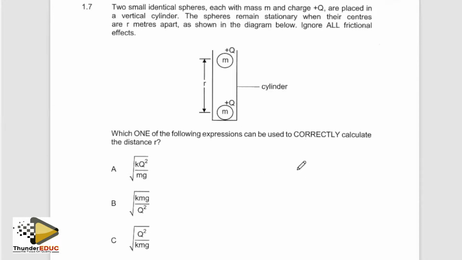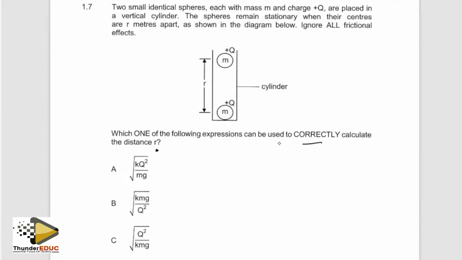Then 1.7. If we have two small identical spheres, each with a mass of m and charges plus Q, placed in a vertical cylinder, the spheres remain stationary when their centers are a distance r apart, as shown in the diagram below. Ignore the friction effects. Which of the following will be an expression for correctly calculating the distance r?